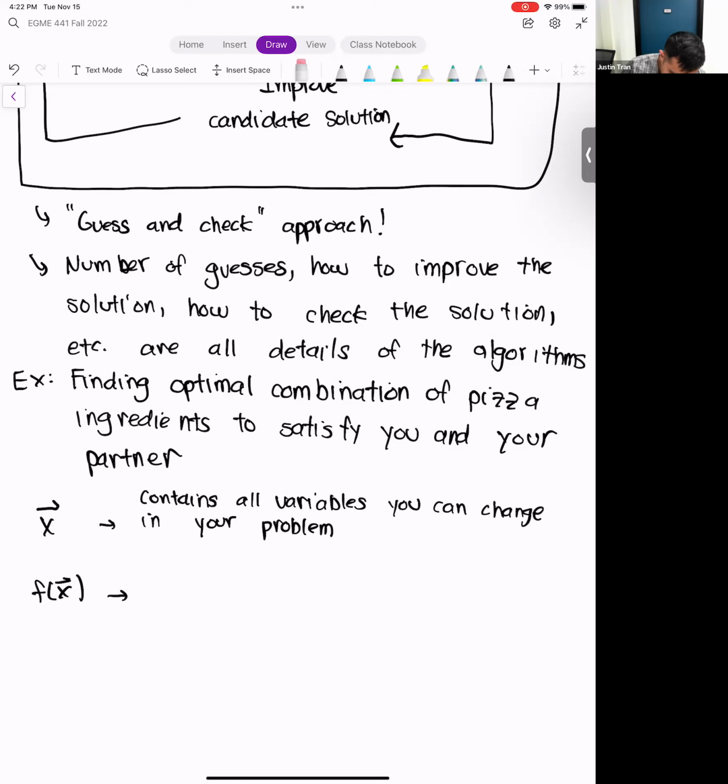Let me just erase this down here for a second. For our pizza ingredient problem here, the variables that we have control over are the pizza toppings or pizza ingredients.